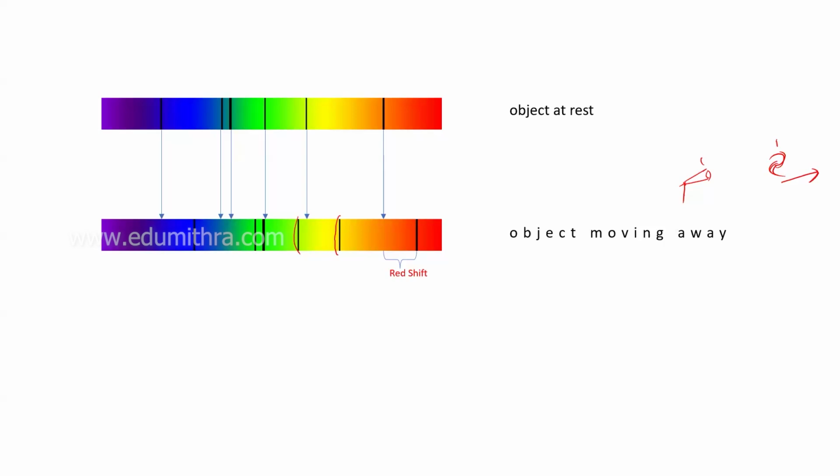In the equation, we can represent it either in terms of wavelength or frequency, which is not a problem, especially in the case of light. The frequency and wavelength are connected by the equation f equals c by lambda, or you can rearrange it whichever way you want. Don't worry about it, it can be easily connected.